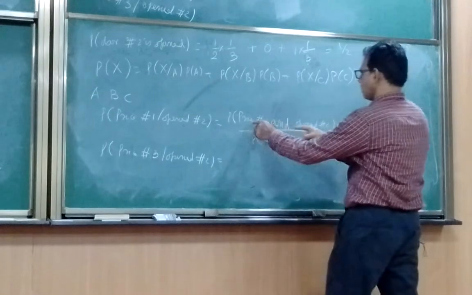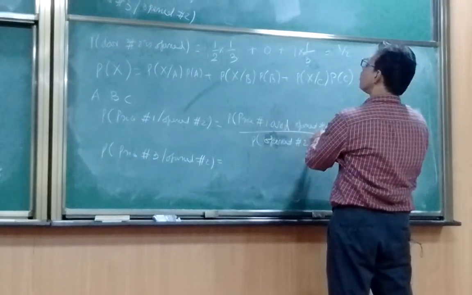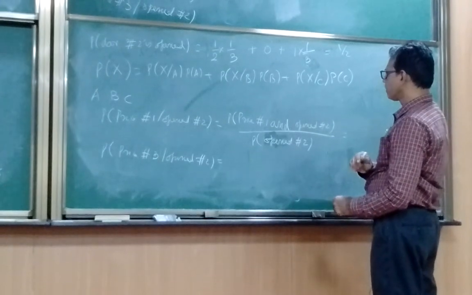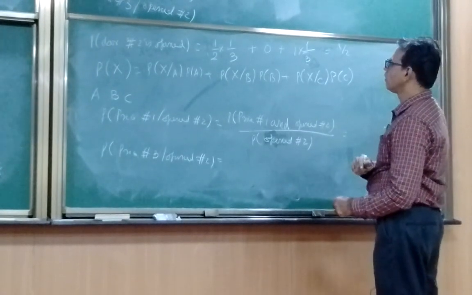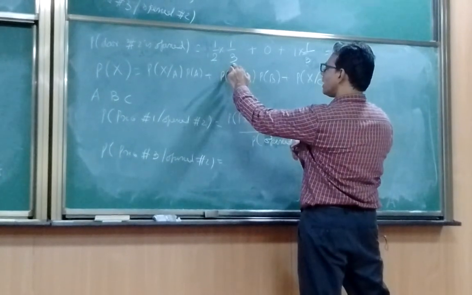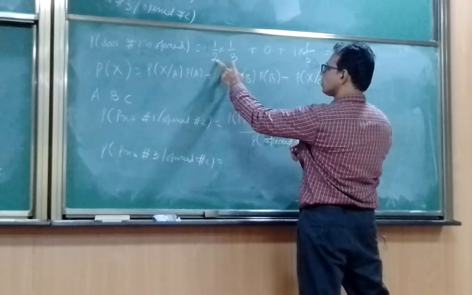So let's look at this one. Price is in 1 and he has opened 2. Okay? And what is it that we have got? We have got the price in 1, and he has opened 2.